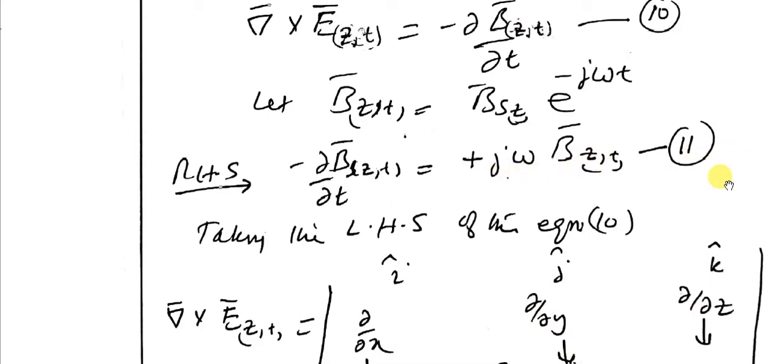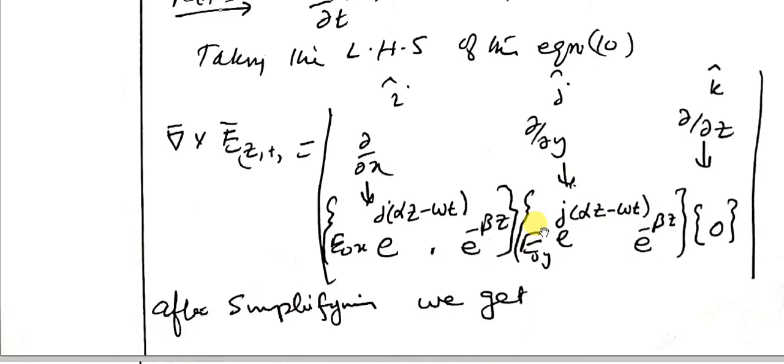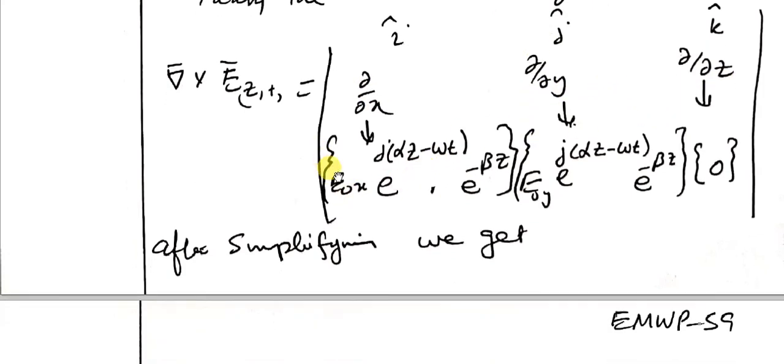Now taking the left hand side, which is the curl of E, again taking the determinant rule or procedure to solve it, with unit vectors i, j, k, delta by delta x, delta by delta y, delta by delta z, and E naught x with the exponential part, E naught y with the exponential part, and the z part is 0.